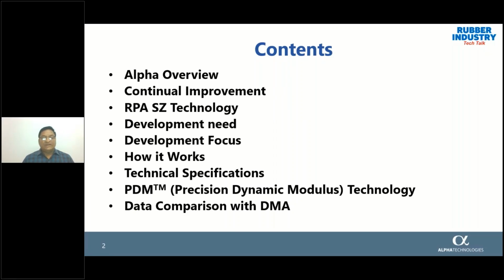In the end I will show you the data comparison with the dynamic mechanical analyzer.